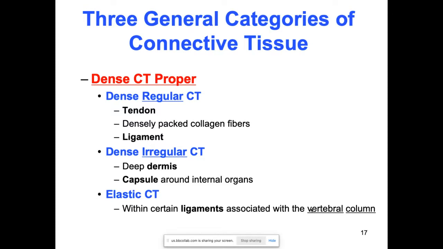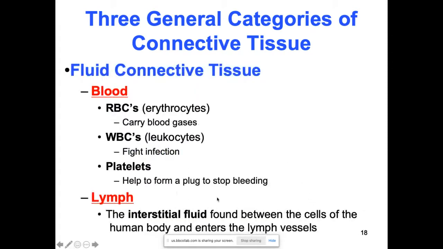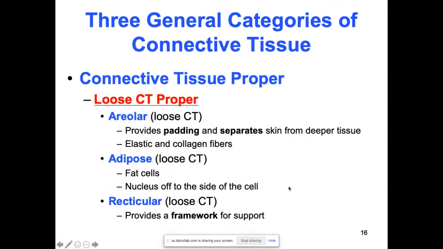Because it's very flexible, we need those ligaments to be very elastic, not super strong. We don't need them to be very strong because those bones, the way they interlock, are pretty stable. But where we have joints, let's say the knee joint, which is very unstable, or the shoulder, we need to have more collagen there. So elastic is for elasticity.